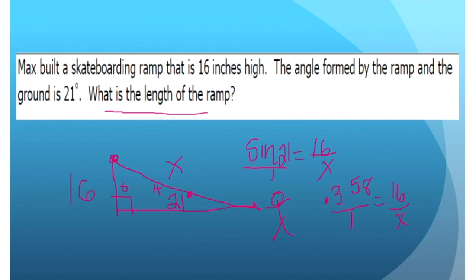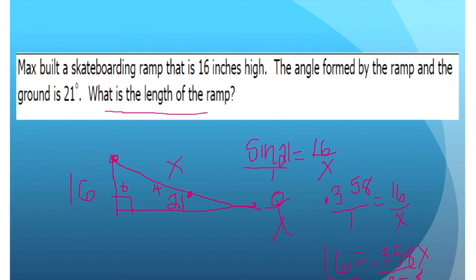Cross multiply, 1 times 16 is 16, and 0.358 times x is 0.358 times x. We divide both sides by 0.358, and let's see what we get. 16 divided by 0.358.